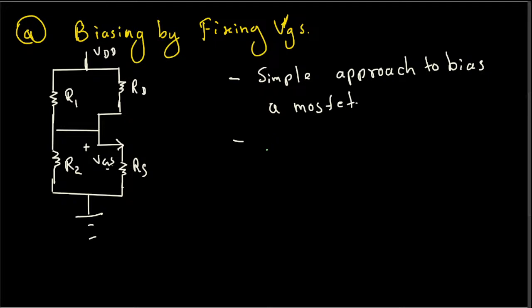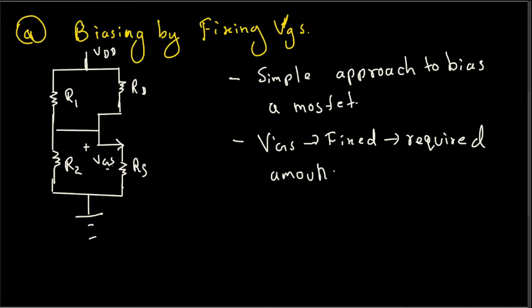And here what we will do is we set the VGS to be fixed, and we will obtain the required amount of ID. That ID is the drain current. So what we will do is initially we increase the VGS until the required amount of ID is reached.